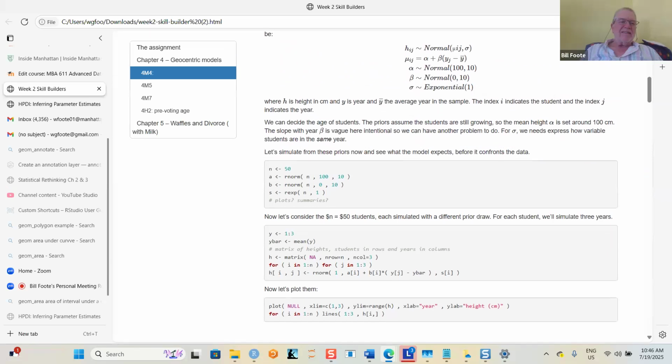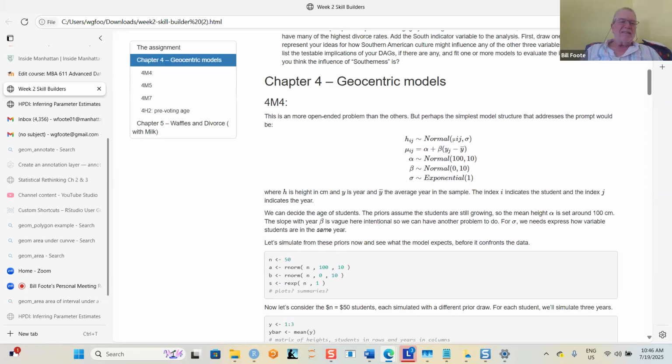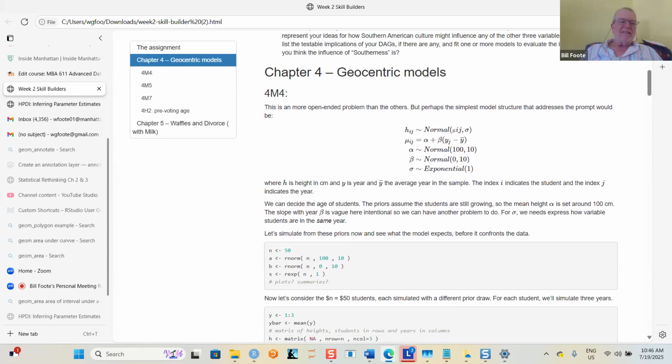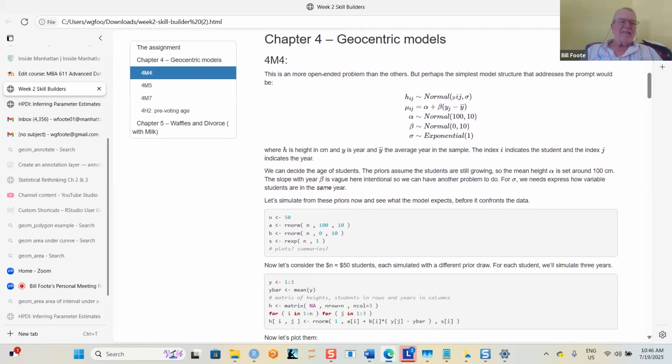Here is the first big generative model. I is an index here, students, and J is the year. So instead of a student, you could say a client. Same idea, and the year.